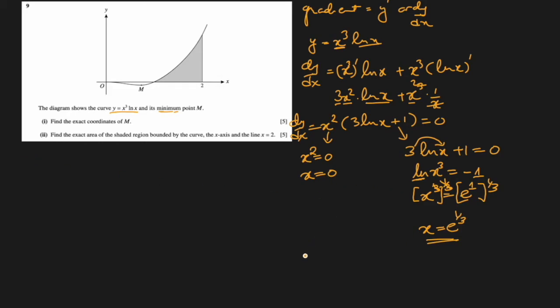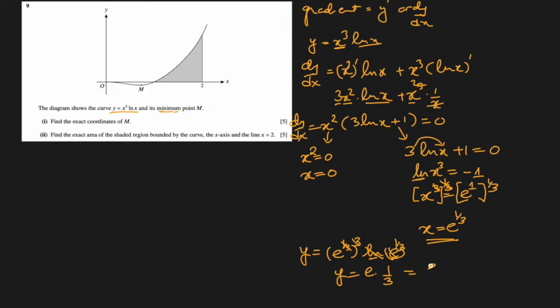What about the y coordinate? So we will substitute this in the equation they have given: x cubed, that is e to the power 1/3 cubed, and then ln x, ln e to the power 1/3. Natural log and e are inverse of each other, they will neutralize each other, so we're left with only 1/3 here, and 1/3 and 3 also cancel out, e to the power 1, which is e.